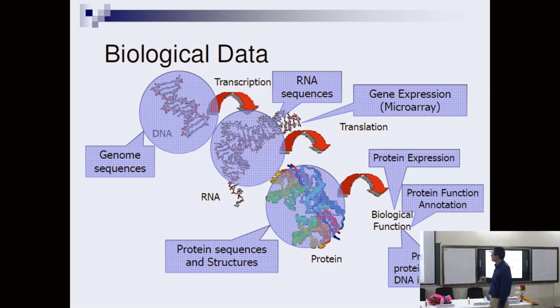There are many types of protein data: protein expression data, protein function annotation data, protein-protein interaction data, and protein-DNA interaction data. All these data are now available in different databases, and you would want to learn about those data banks, and also how to access these data.